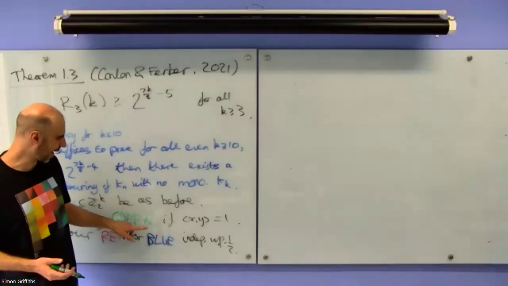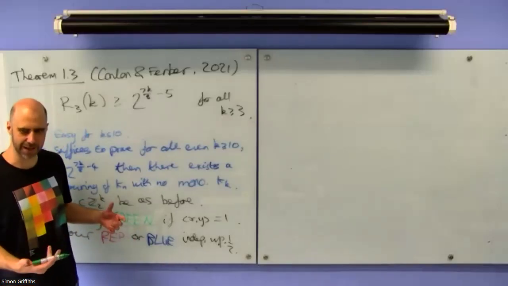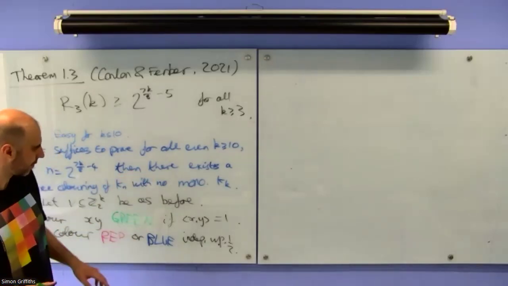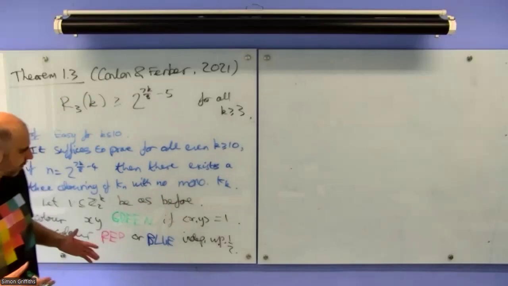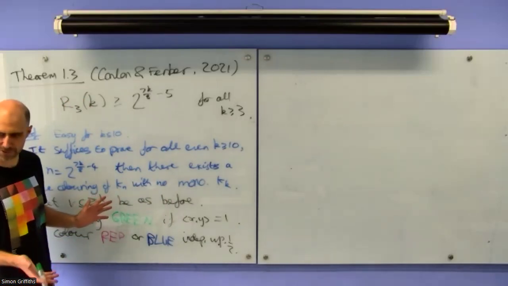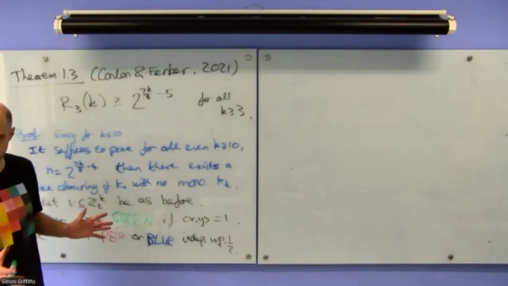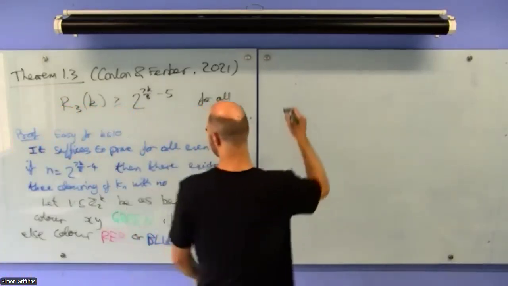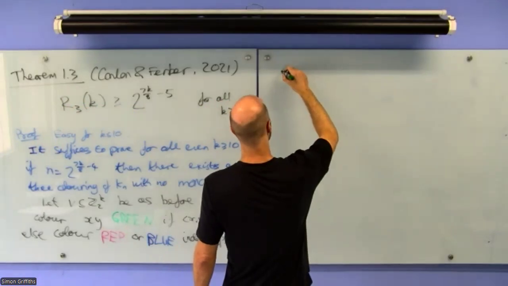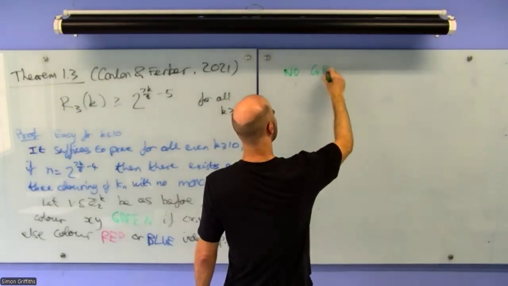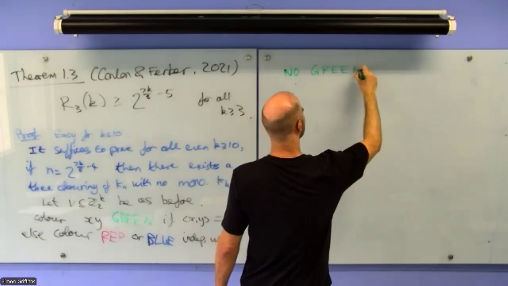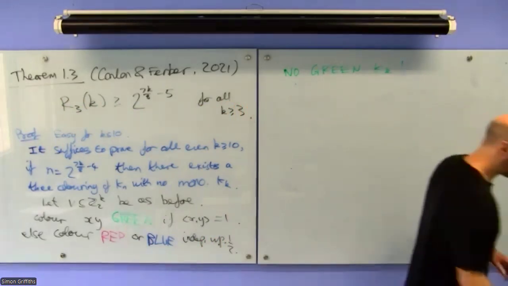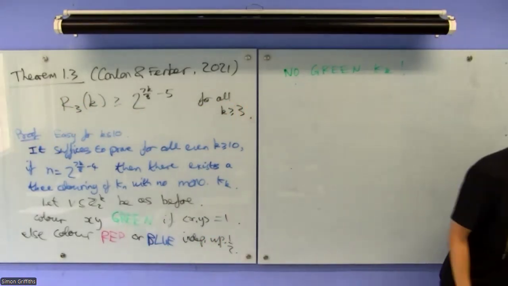Then I would exactly have a set of size k with that odd property. And that's impossible because k is the dimension of the space, and that was part C of that lemma. So there is no green K_k. So already one colour is sorted.